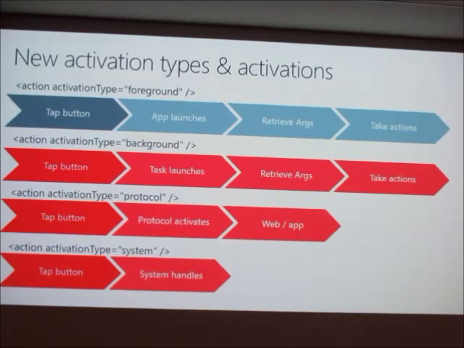And then system. This is the one that we like because this is the one where we unload the work on the system. This is the one that allows you to say, hey, snooze this for 10 minutes. Probably the most used example of the system. Actually, sorry, the most used one is the dismiss.